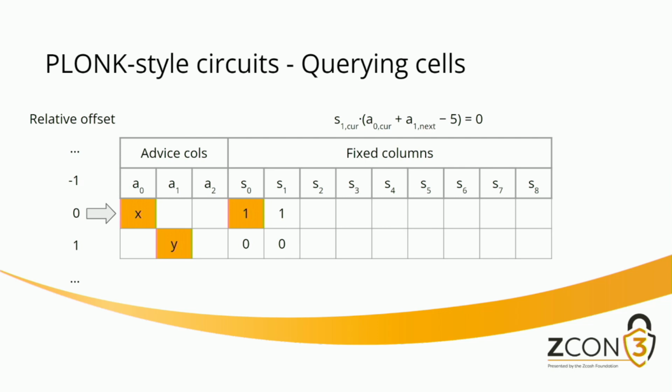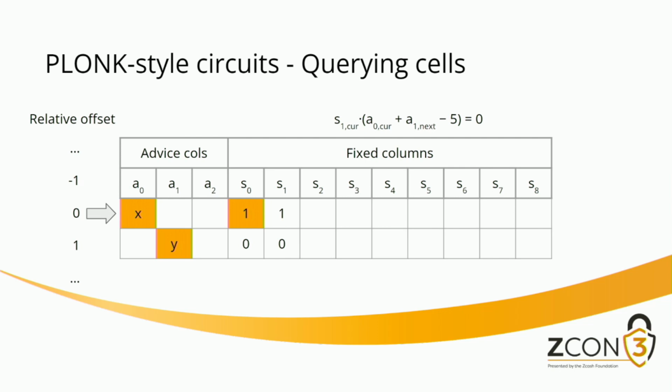And we do that with a selector column, the S0 in this slide. So we can just take our existing constraint and multiply it by either some 0 or 1 constant value, and that will then either allow the constraint to constrain that row or allow you to fill in whatever you want. Another thing that PLONK gives you in terms of flexibility is this concept of querying relative offsets of cells.